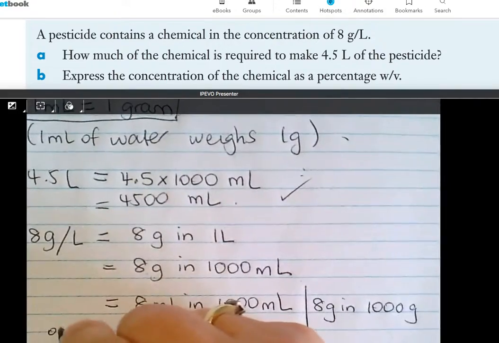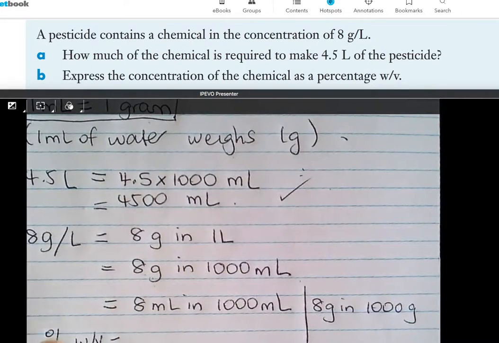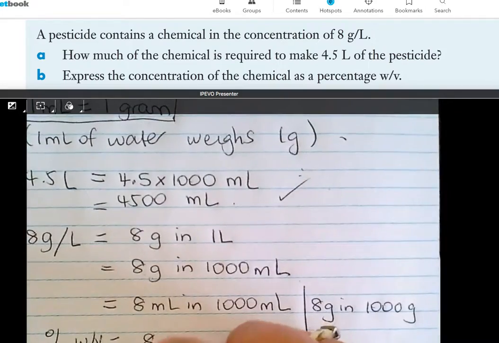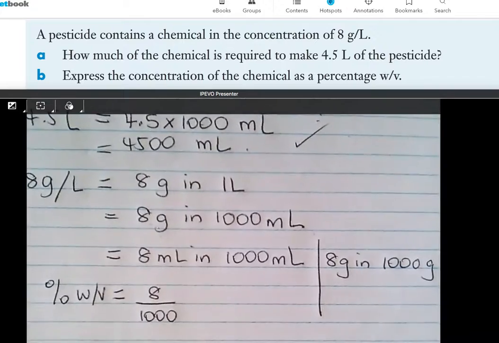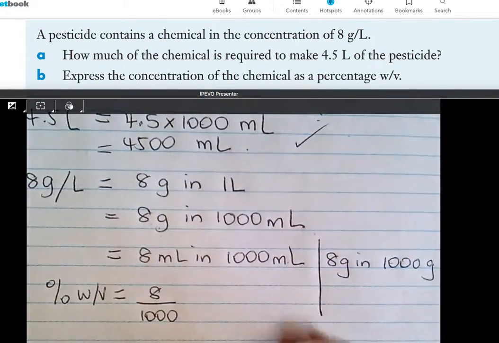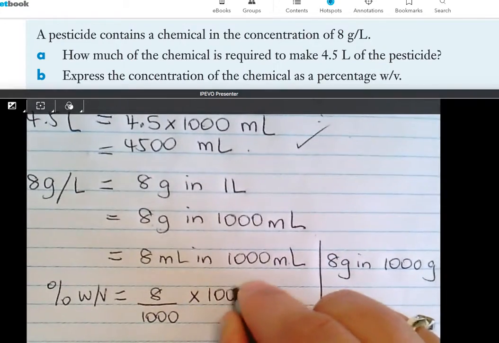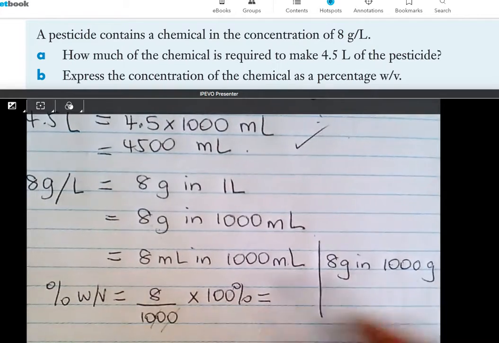So the percentage weight per volume, that means the weight divided by the volume, is 8 over 1,000. Why am I allowed to say 8 over 1,000? Because it's 8 mils over 1,000 mils. The units are the same now. And to change anything to a percentage, we times it by 100. And 2 zeros, what do we get?